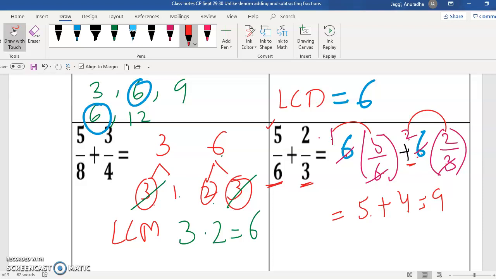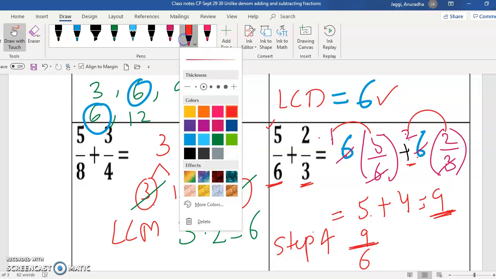Okay, and what is step 4? Divide your answer of step 3 by the LCD. So step 4 is your final answer, 9 by 6. But it is not simplified. The greatest common factor here is 3.